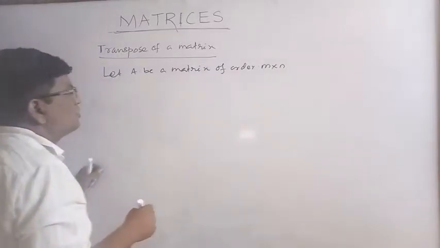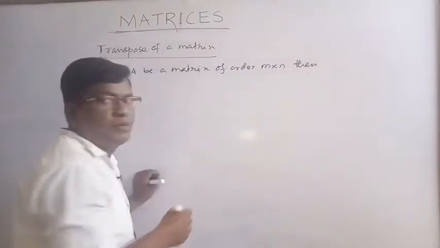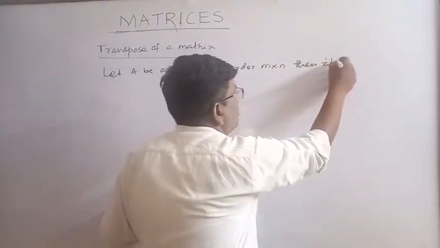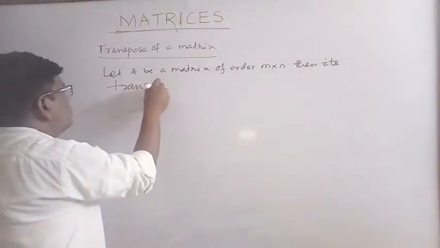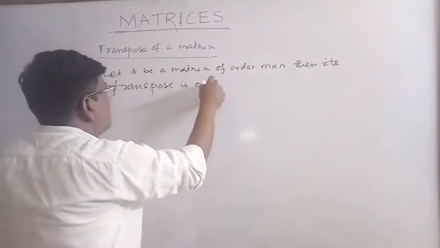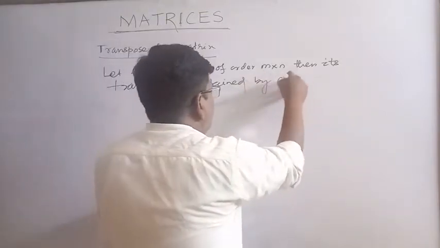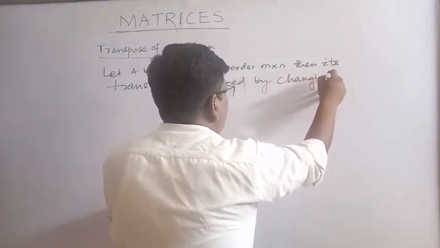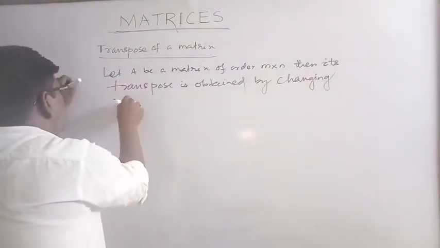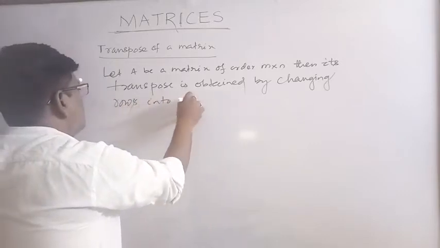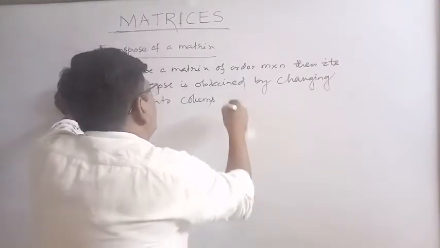Then its transpose is obtained by changing rows into columns, or columns into rows.